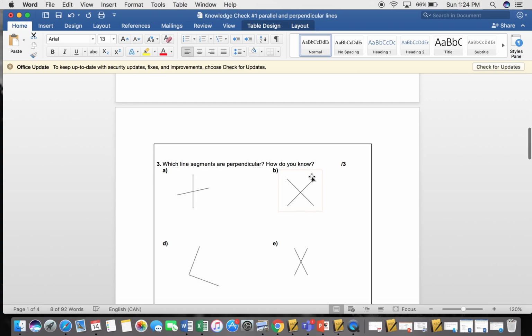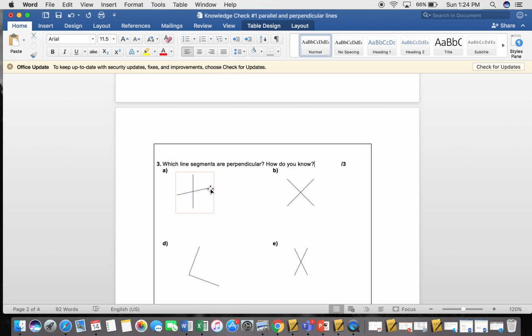Moving on, last question here, number 3, talking about perpendicular lines. So remember our conversation last week, perpendicular lines are line segments that run into each other and create a 90-degree angle. So we're going to look down here in A. This line that's running vertically and this line that's somewhat horizontally, it's more at an angle, they run into each other.